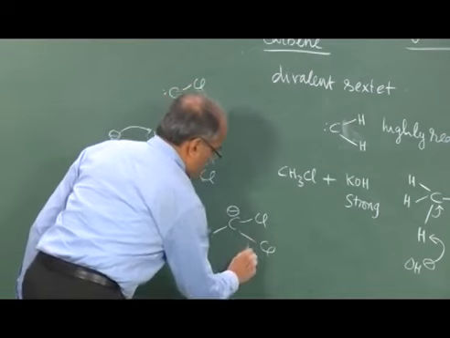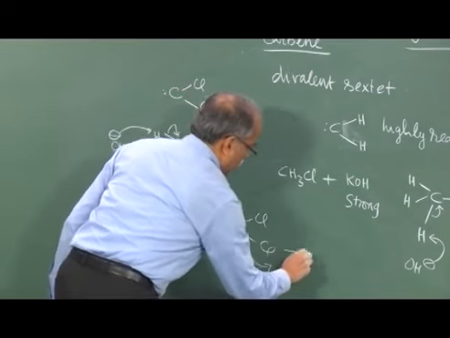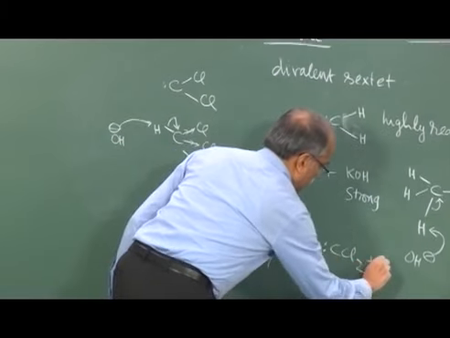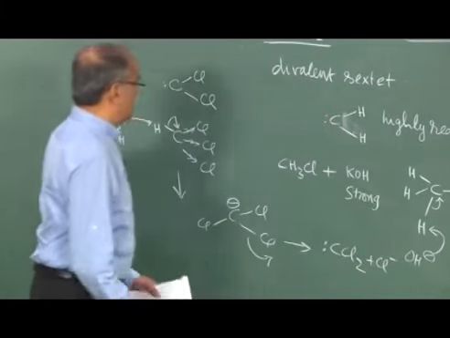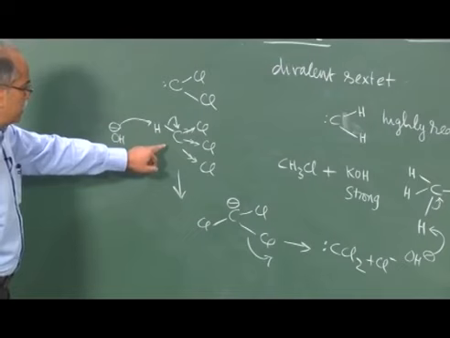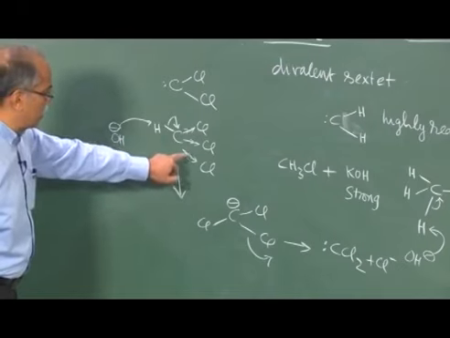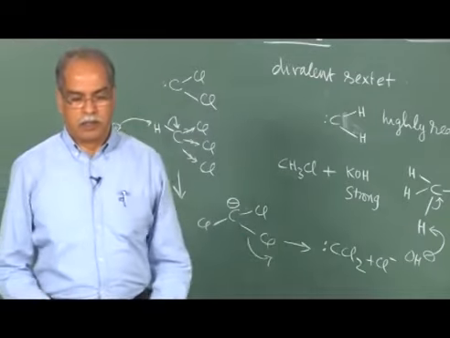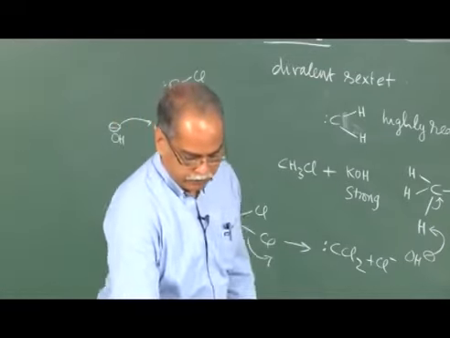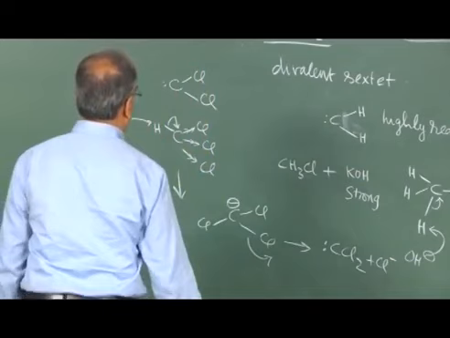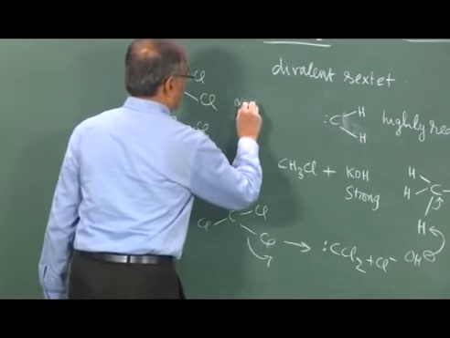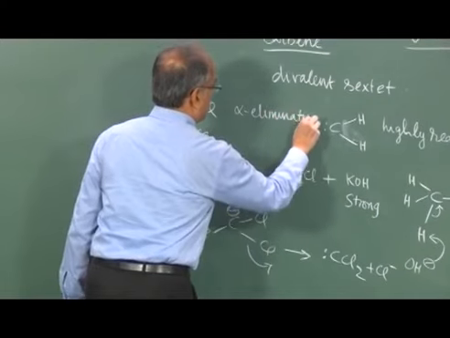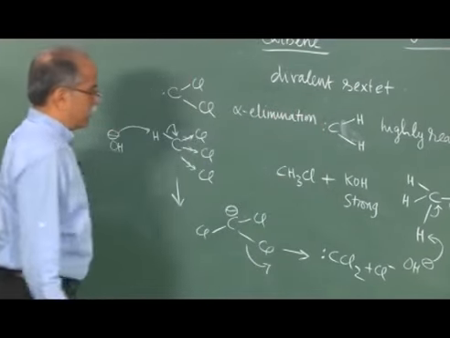This will of course lose a chloride ion to produce CCl2, which is dichlorocarbene, and a chloride ion. This is an example of an alpha elimination, because both the groups are eliminated, namely hydrogen first, then the chlorine second, in a sequence, and this is known as the alpha elimination reaction, resulting in the formation of the dichlorocarbene.